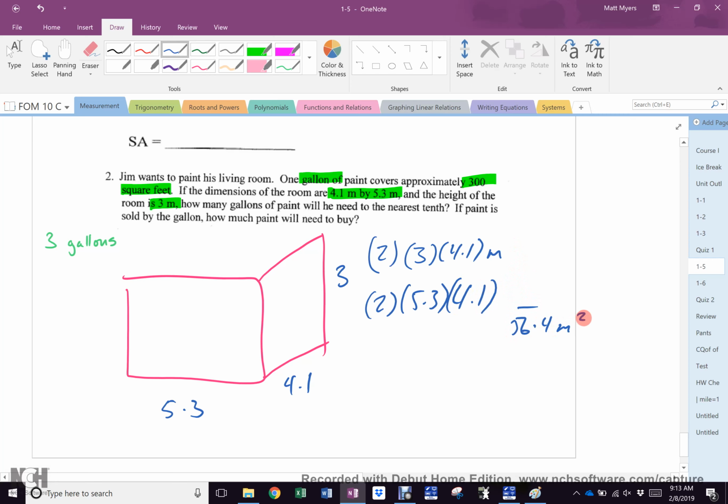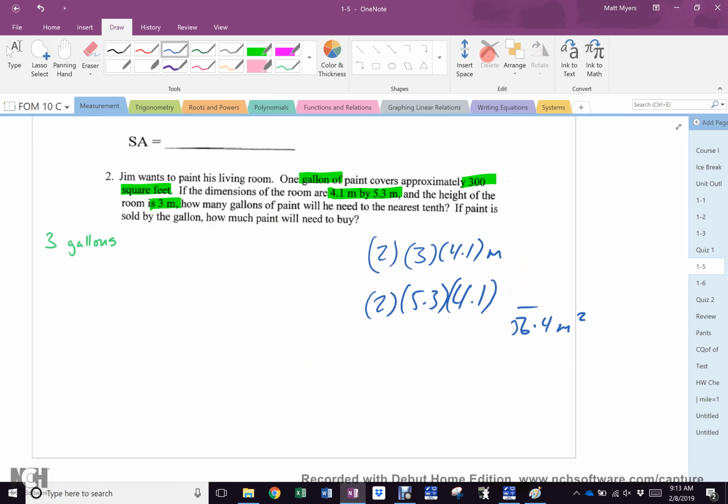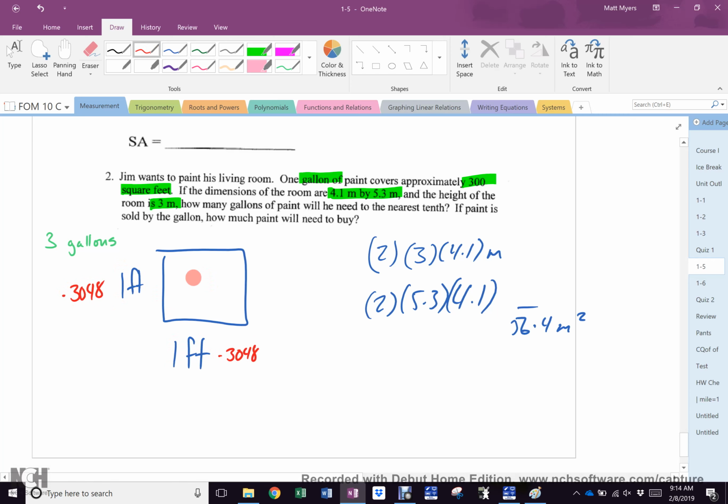Everybody with me? Now, we're in trouble, though, because the paint is in feet squared, isn't it? 1 foot times 1 foot, right? That's a square foot, agreed? I need it in meters squared. How long is a foot as a meter? 0.3048. How long is this foot as a meter? 0.3048. What is this area as a square meter? 0.3048 times 0.3048.